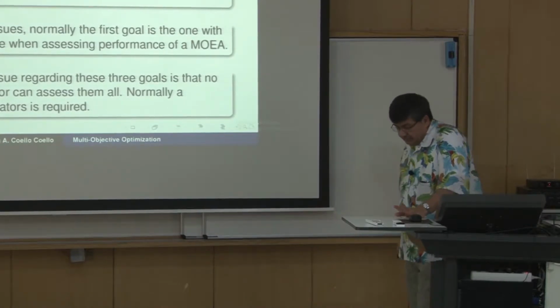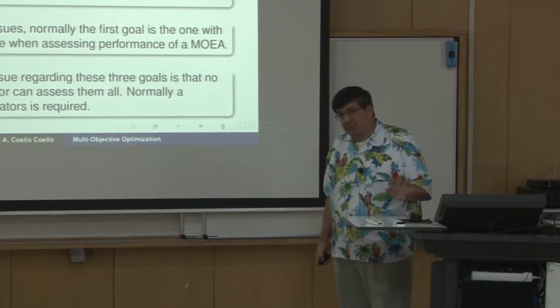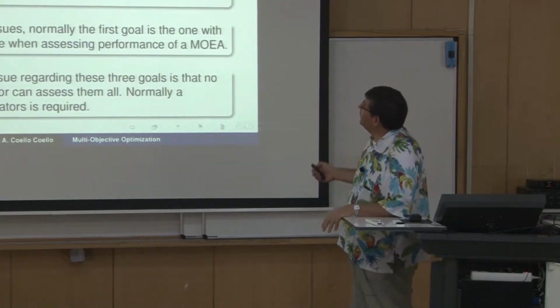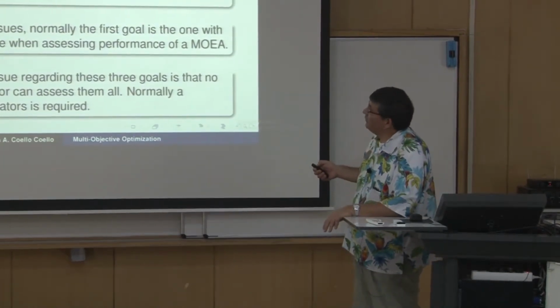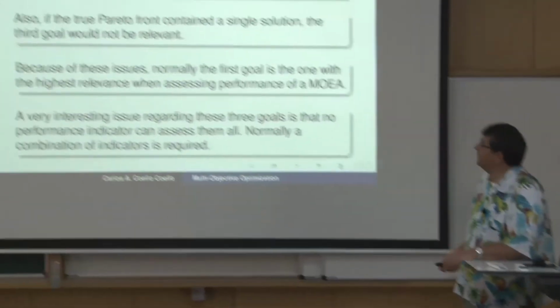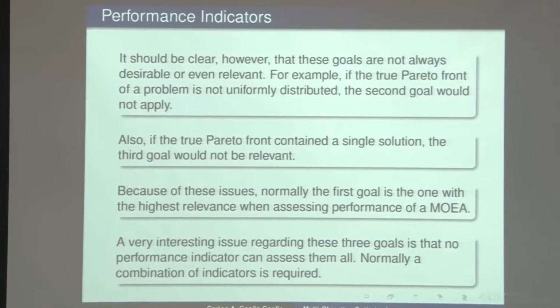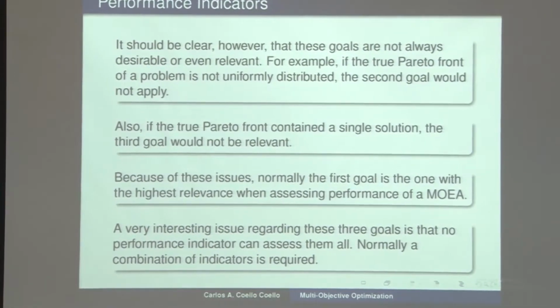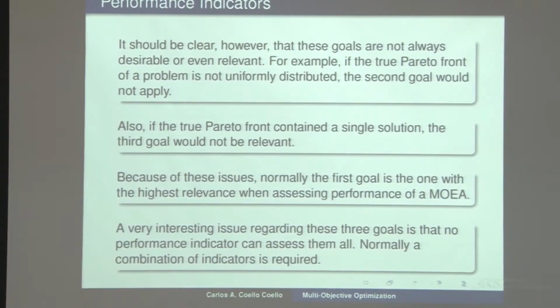Now, something important to keep in mind: these three goals, of course, came from a computer scientist. That means they are not always desirable or even relevant. That's from a computer science perspective. For example, if the true Pareto front is not uniformly distributed, we're not going to ask for a uniform distribution of points, right?